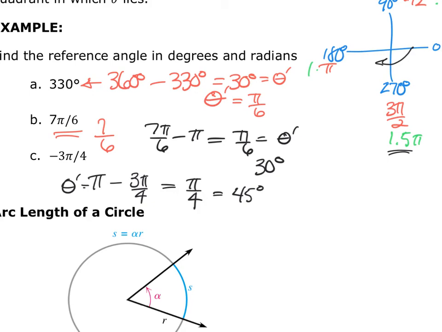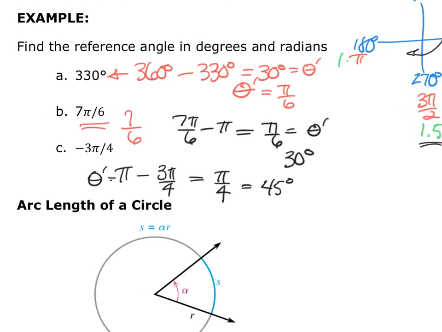Yes? So for the radian on A, if you go to 11 pi over 6, is that wrong? So all of my reference angles in terms of radians should always be less than pi over 2. And what did you have? 11 pi over 6.